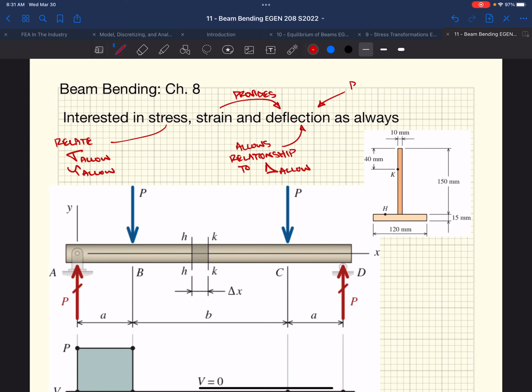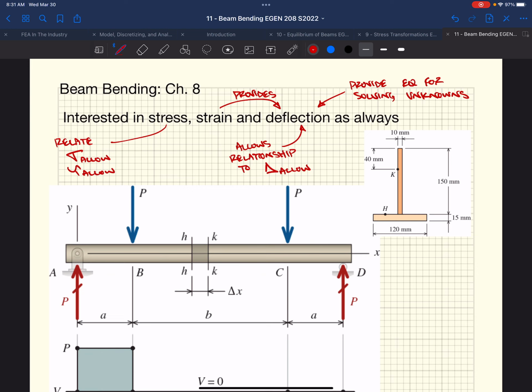So deflection provides equations for solving unknowns. Like with axial and torsional systems, if we had more unknowns than we had equations of equilibrium for, we use compatibility, or the sense that something might displace, and if something displaces, something else is going to displace relative to that.